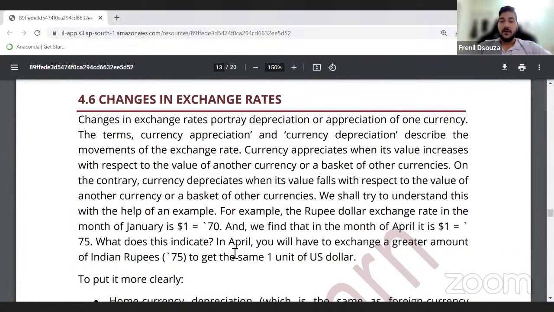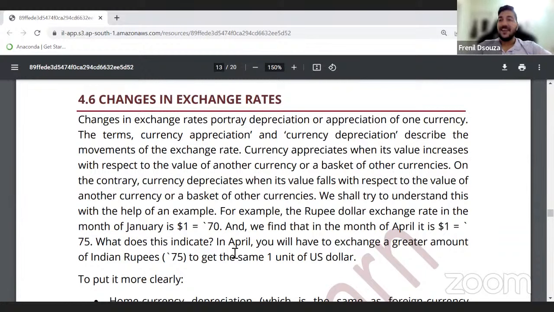Why? Because earlier 75 rupees could get me $1. Now I have to pay 77 rupees to get that same dollar. Right. So the rupee depreciated. And if that price $1 is equal to 75 becomes $1 is equal to 70, then the rupee appreciated. That is what we use.